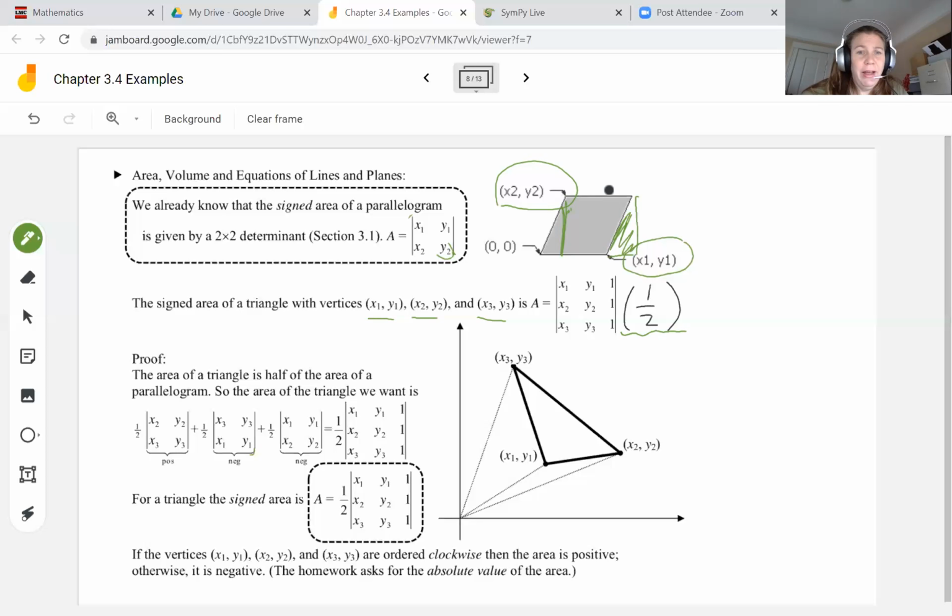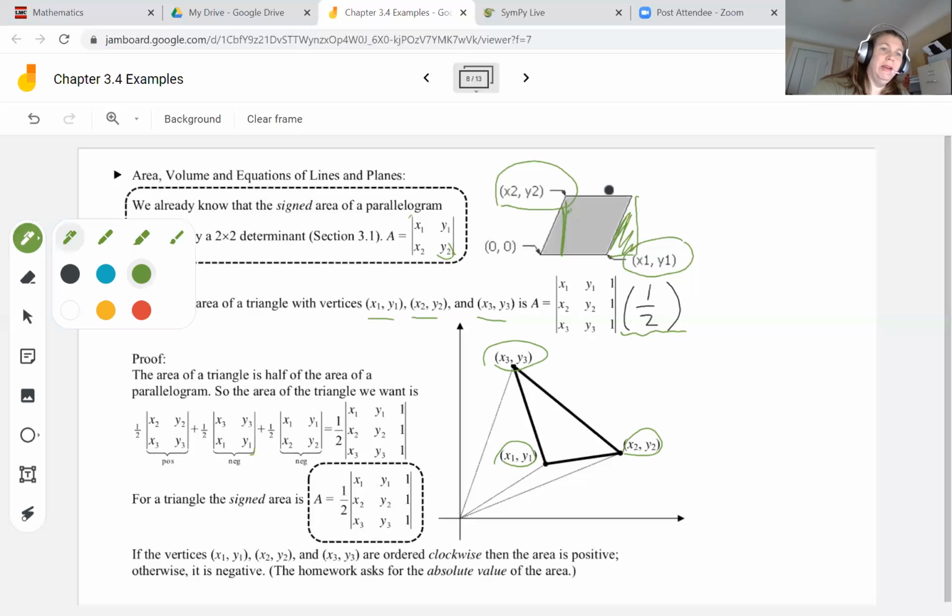So the area of the triangle that we are going to figure out for these points, x1, y1, x2, y2, and x3, y3, is going to be half times the determinant for x2, y2, and x3, y3, half times the determinant for x3, y3, and x1, y1, and half times the determinant for x1, y1, and x2, y2.